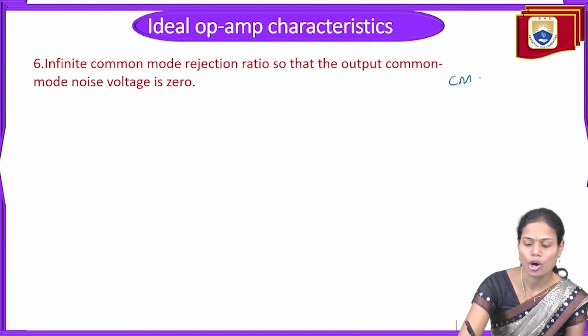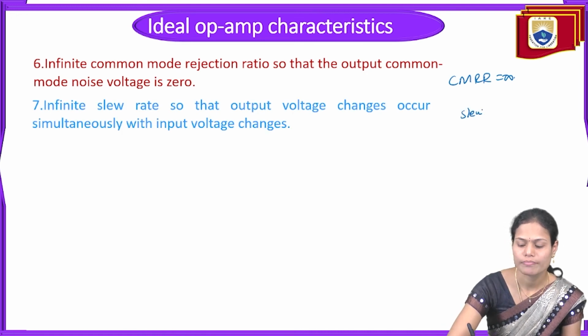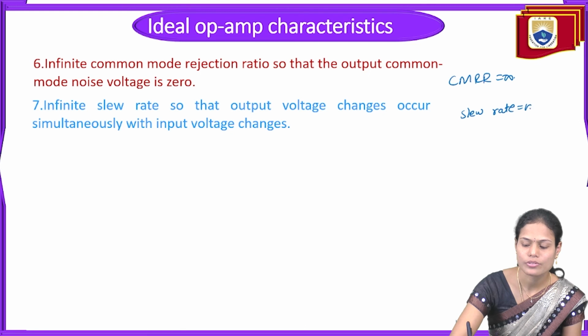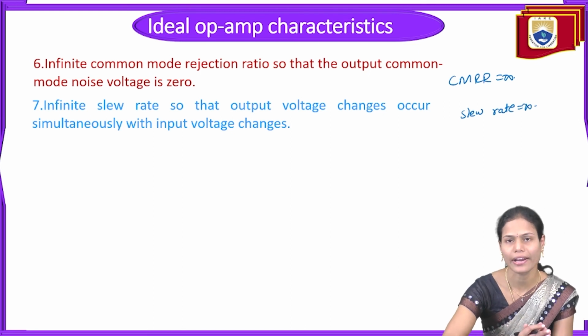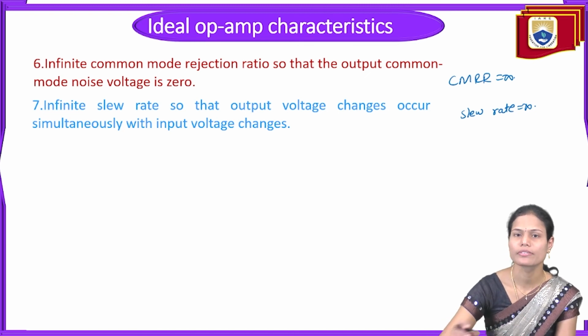And the common mode rejection ratio is also infinite, and it provides infinite slew rate. So these are the ideal characteristics. An ideal operational amplifier can provide all these parameters at very high values. But in the practical case, we may not reach these values.